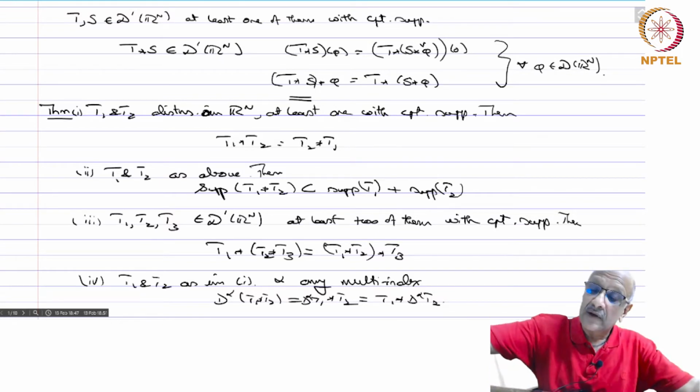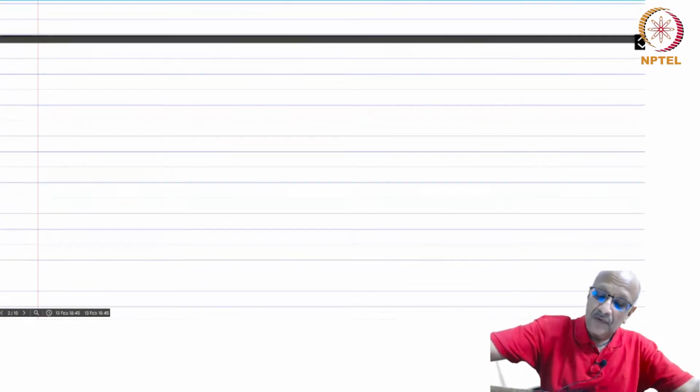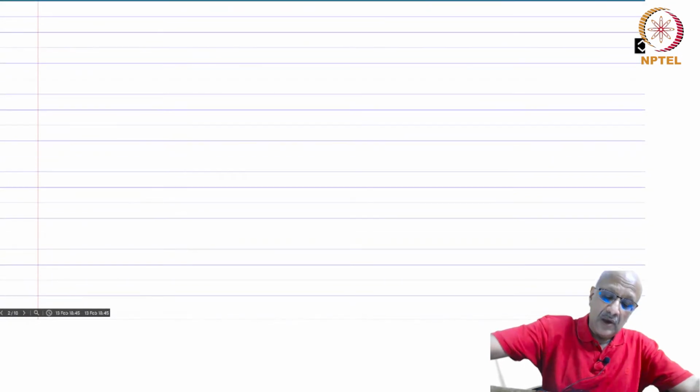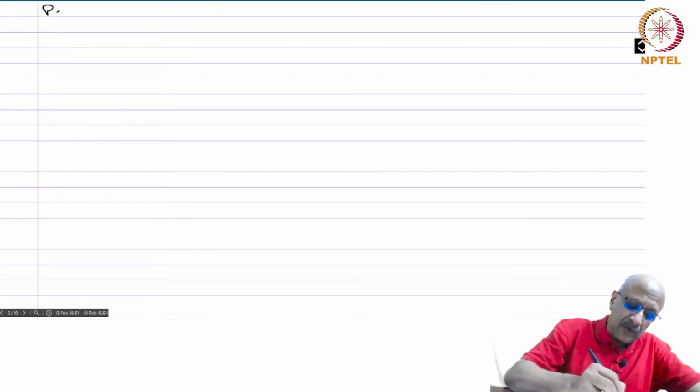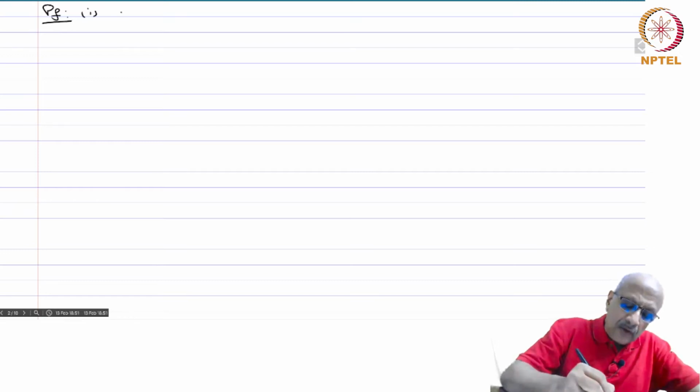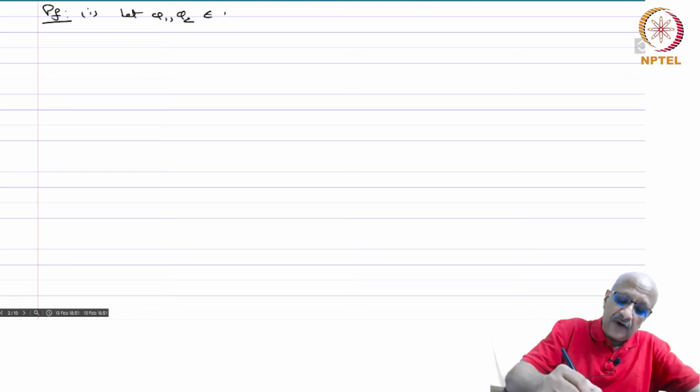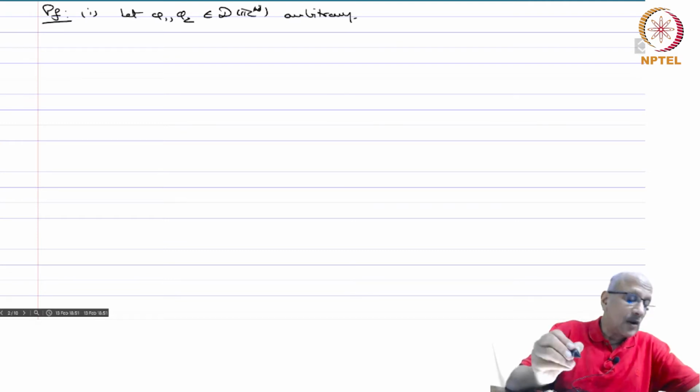Okay. So, now let us give a proof of these properties which mirror the properties of convolution of functions. So, first one. So, let phi 1 and phi 2 in D of Rn arbitrary. Okay.